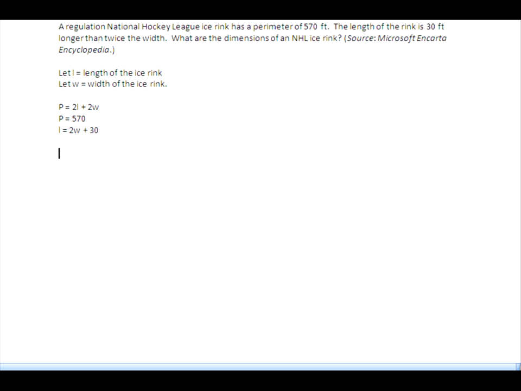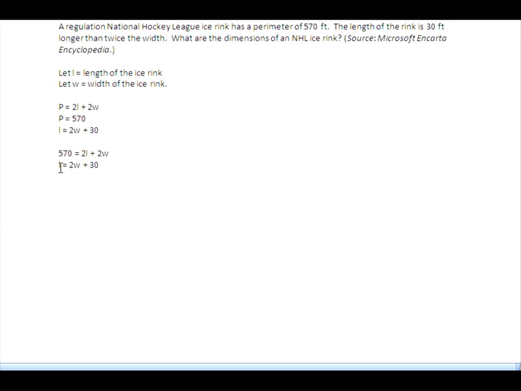Okay. So now we'll set up our two equations that we will work with. We see that P is equal to 570, so in place of P here we'll put 570. 570 is equal to 2L plus 2W. And then we'll use L is equal to 2W plus 30.